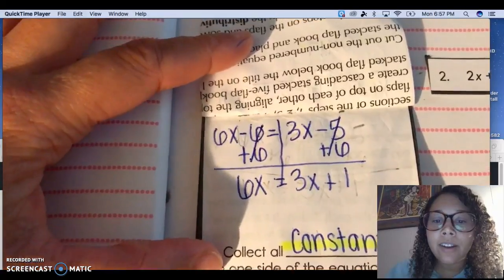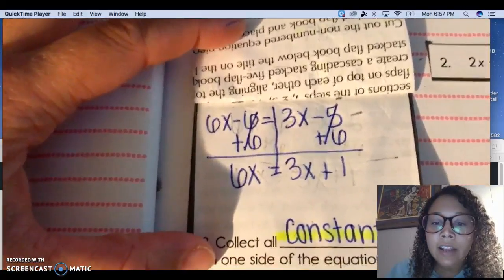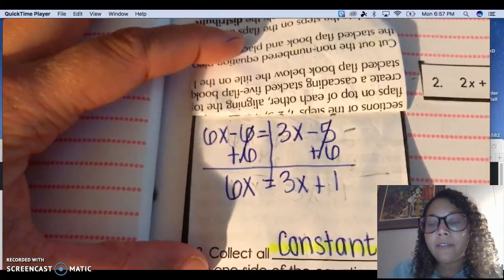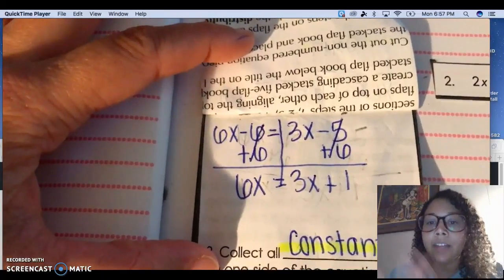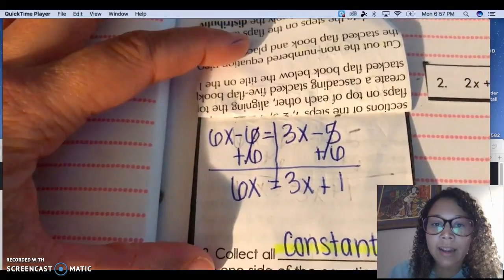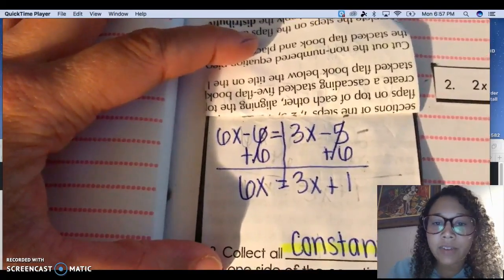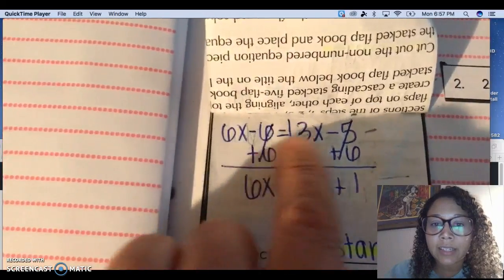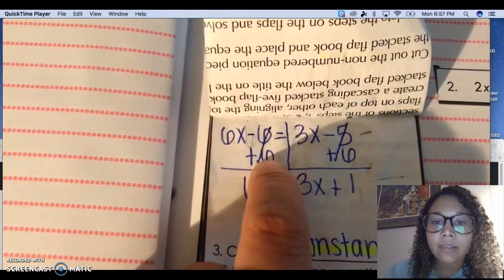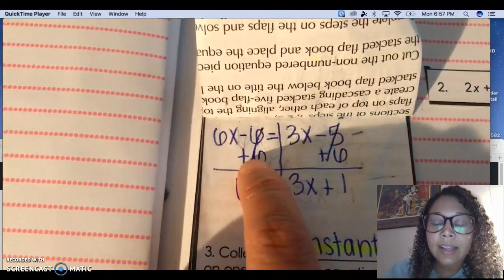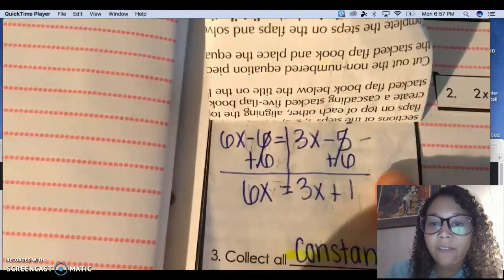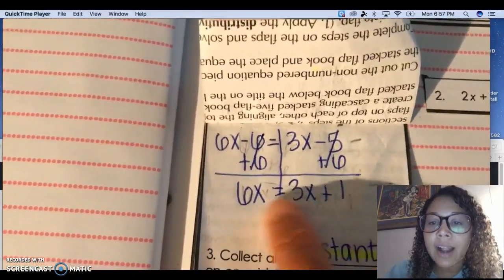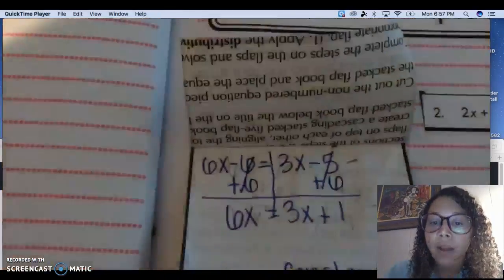So now I'm going to get rid of my 6s, and it says to collect all constants on one side of the equation. I like for my variables to stay on the left and my constants to stay on the right. So I'm going to take that negative 6 right there and do the opposite of subtraction, which is addition to each side. So negative 6 plus 6 cancels out, and then negative 5 plus 6, a negative and a positive, subtract, keep the sign of the biggest number, positive 1.